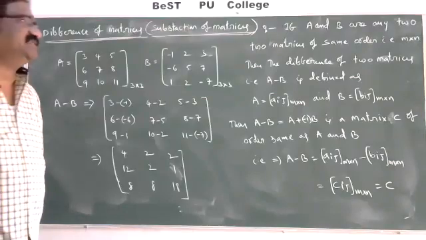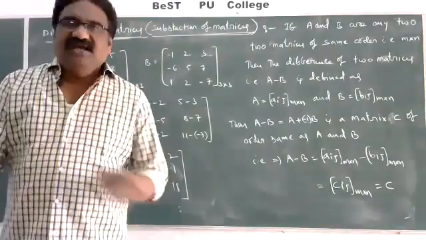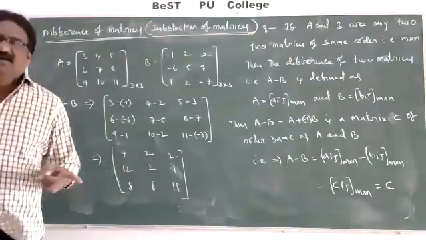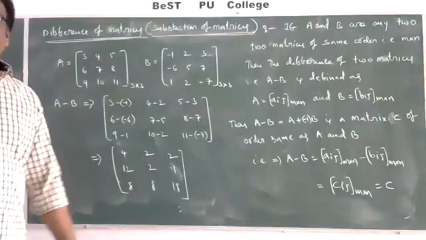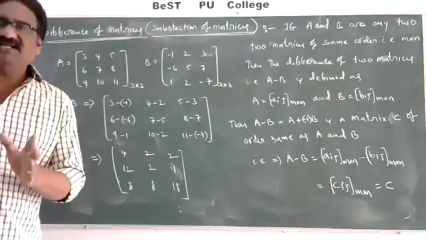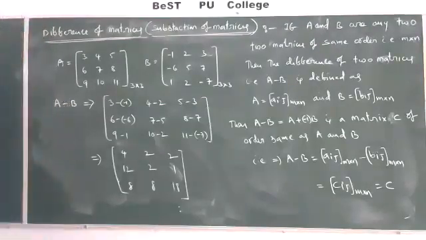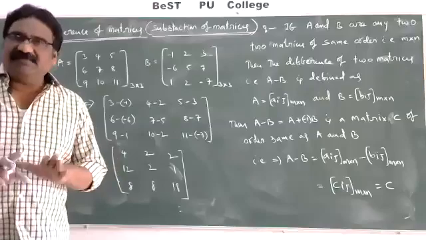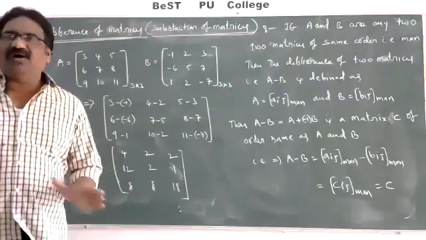Addition of the two matrices means addition of the corresponding elements. Difference of the two matrices means difference of the corresponding elements. That's why they require both matrices of the same order. Addition and subtraction exist only for two or three matrices having the same order.